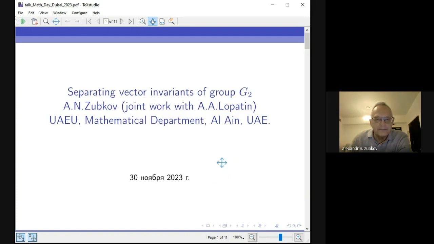Again, I am going to talk about the separating invariants. I will explain later what this word vector means. I am going to talk about invariants of the well-known simple exceptional group of type G2.